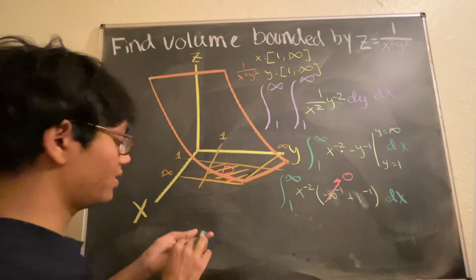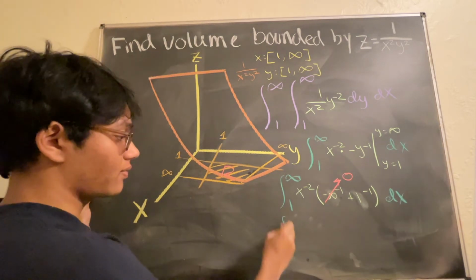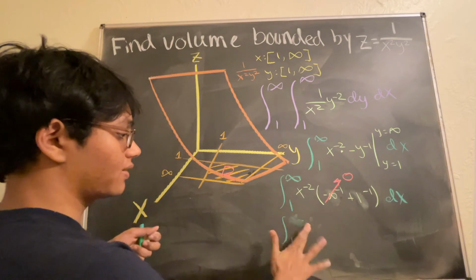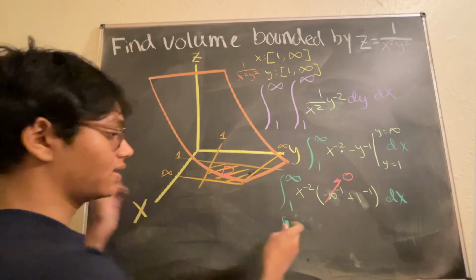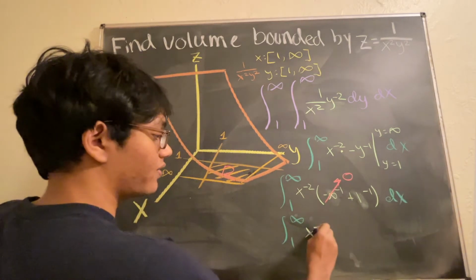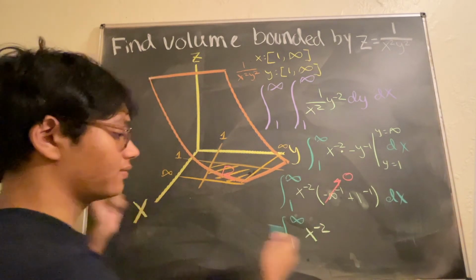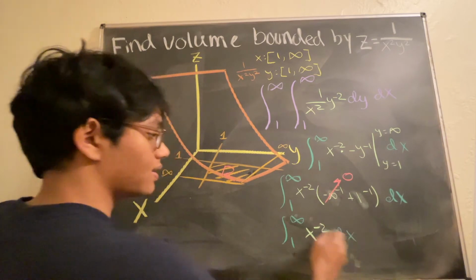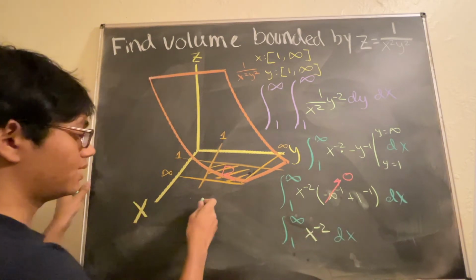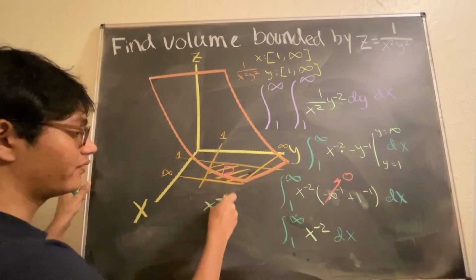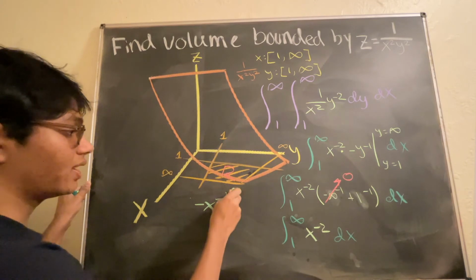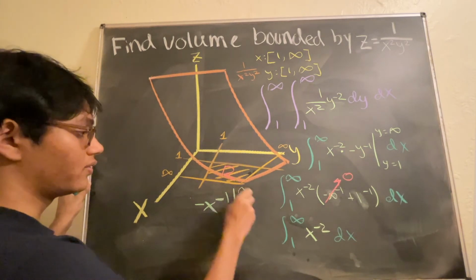So we're taking really the integral from 1 to infinity of x to the negative 2 dx. And so what does this become? Well, this will become negative x to the negative 1 via the inverse power rule, and we're evaluating this from 1 to infinity.